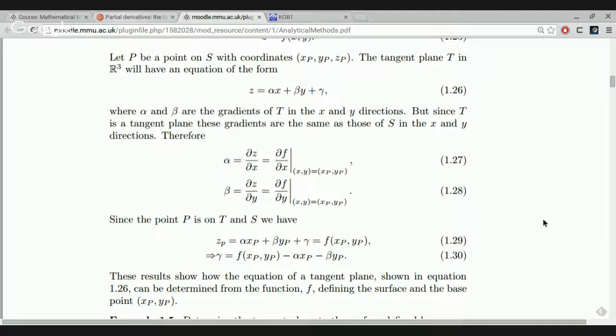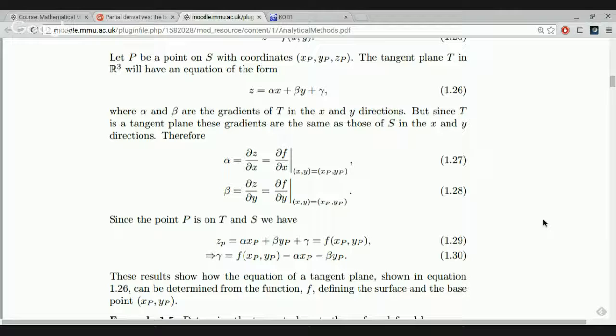Now the black portion there is the surface. So this is the surface defined by z equals f(x, y) in black. T is the tangent plane, which we're going to build a description of now. Yeah, the surface is defined by this function, z equals f(x, y). So the height over any point (x, y) is given by the function f. That's how the surface is defined.